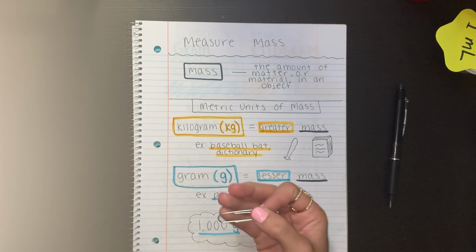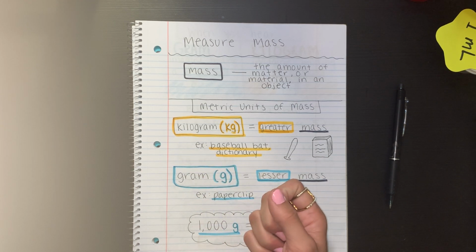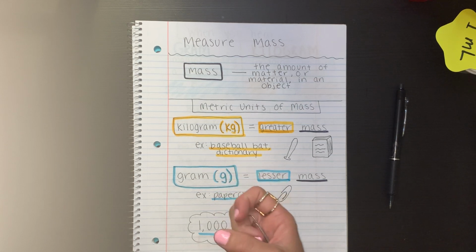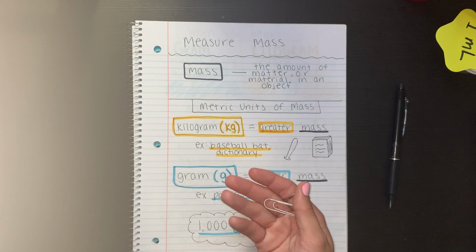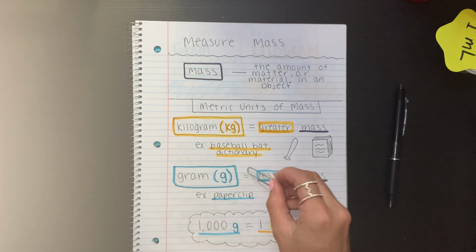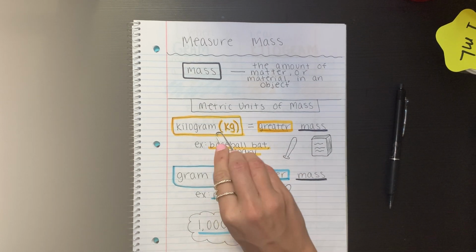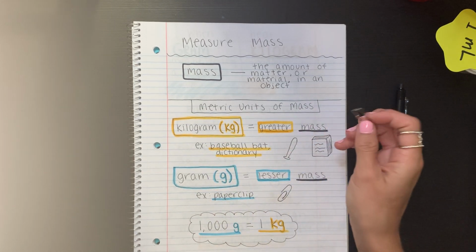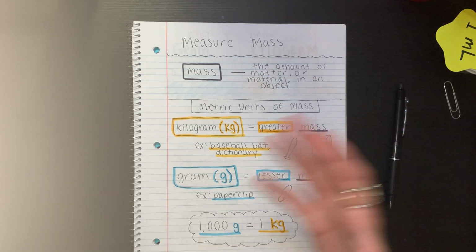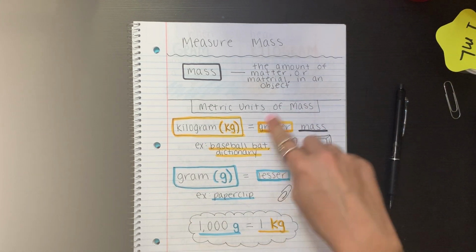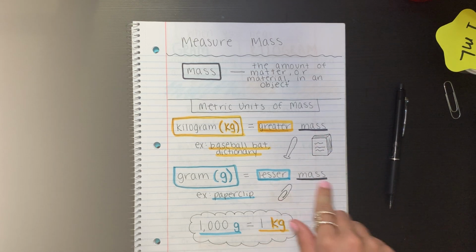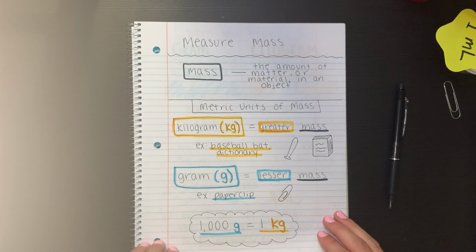And if it's something without a lot of mass, like maybe a little mouse or a piece of paper, if you tried to weigh it in kilograms, that's going to be pretty tough. Kilograms are what you use for something with a greater mass, whereas for something with a lesser mass, you would use a paperclip.